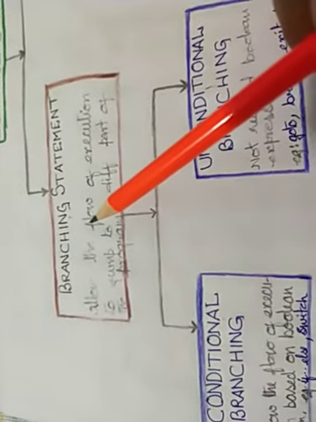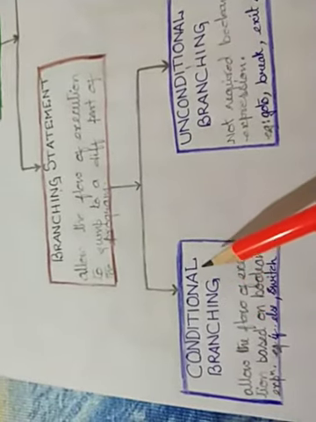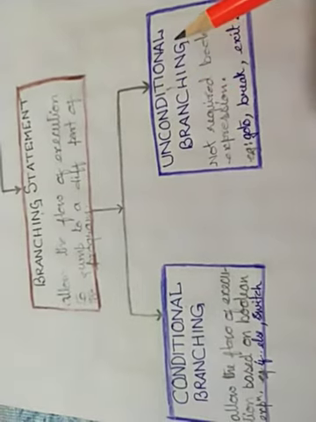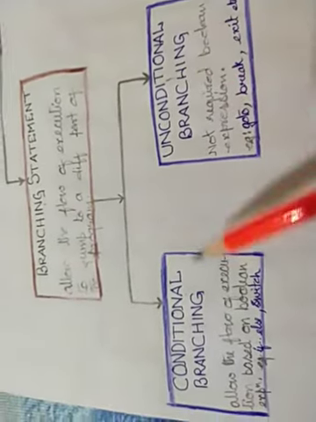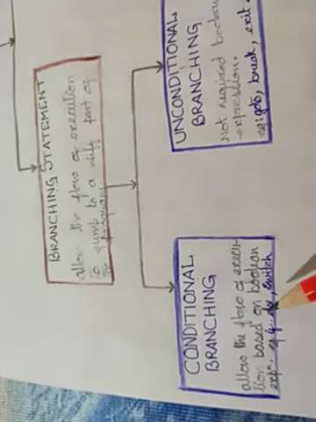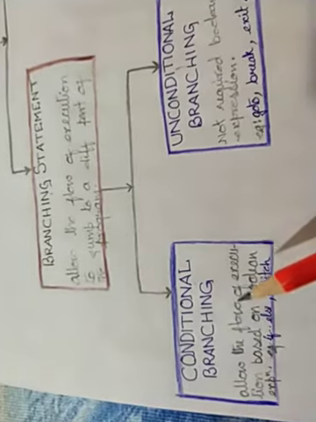And then the branching statement gets further divided into two. The first one is conditional branching statement, and the second one is unconditional branching statement. Conditional branching statement allows the flow of execution based on the Boolean expression or based on the given condition.